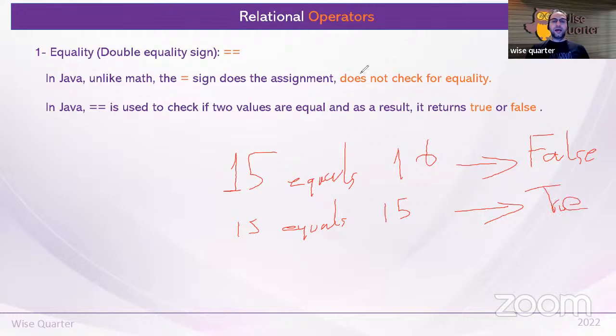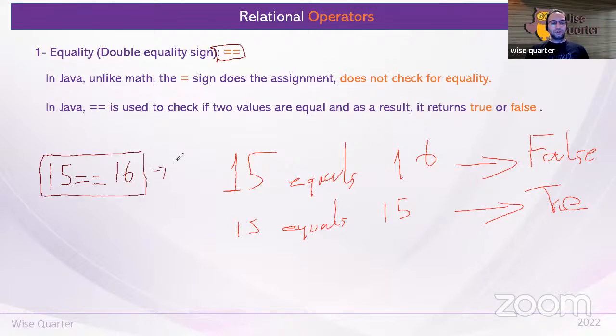It is exactly like this when we use a double equality symbol. This one is 15 equals 16. And the result of it will be false. You should check the result. This is false, as you can see. And when we try to assign it to a variable, false will be there.